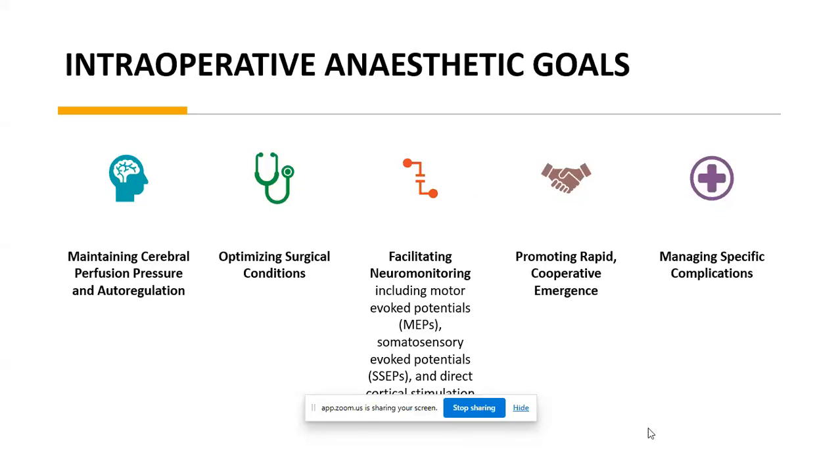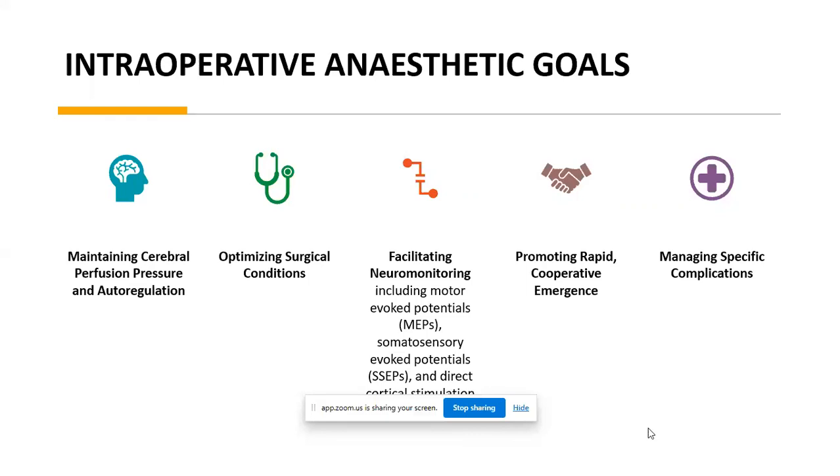Facilitating neuromonitoring helps to assess brain activity and function during surgery and anesthesia. Anesthesia should be managed to minimize interference with these signals, because it allows surgeons to identify potential nerve damage or impairment before it becomes permanent.